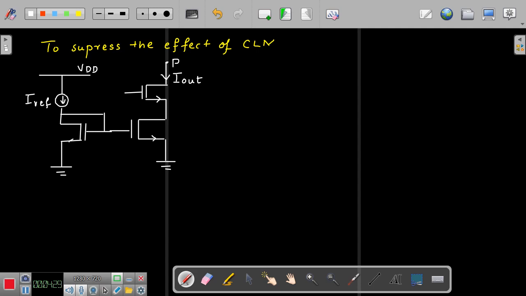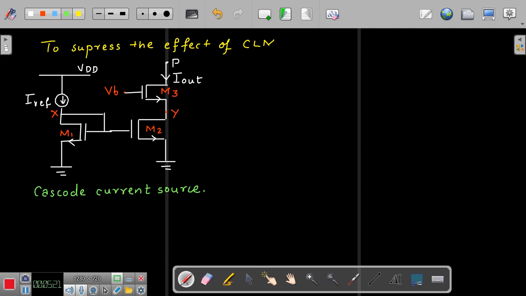I have included one more device. This is M1, this is M2, and this is now M3, and this voltage I will call VB, and this potential I will call Y. This is referred to as the cascode current source.